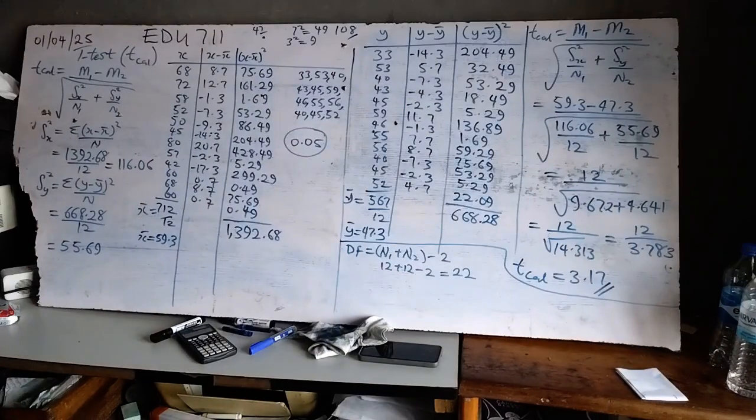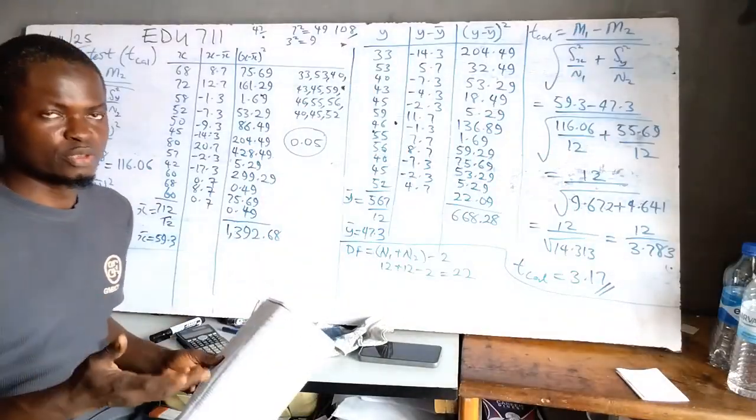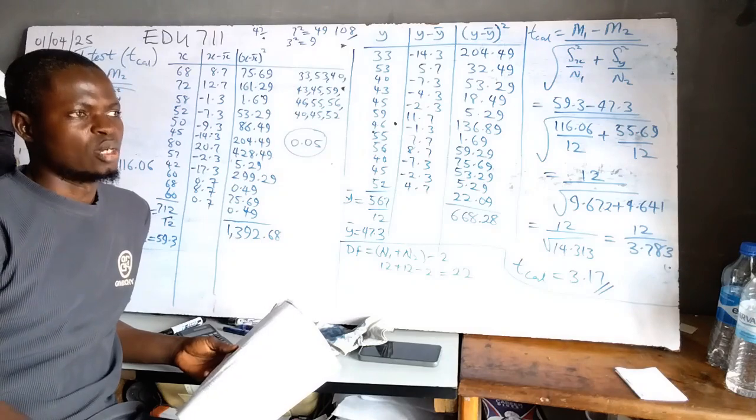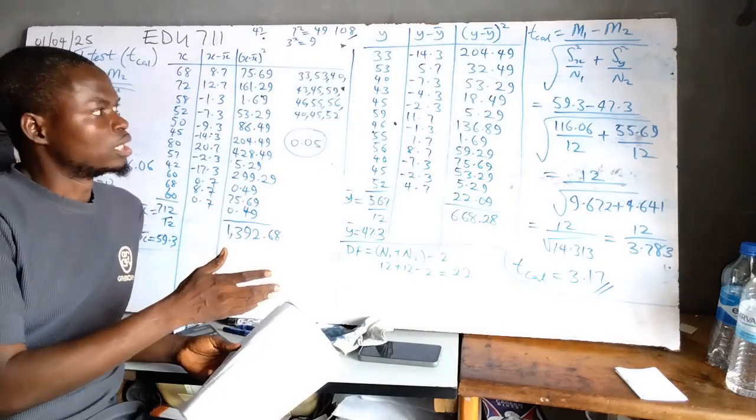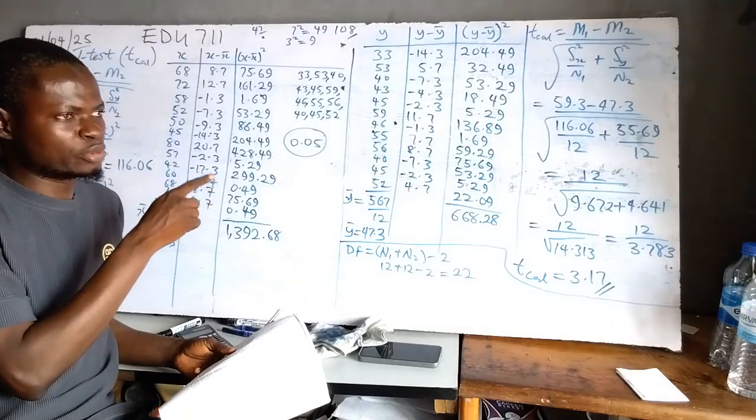Let me quickly explain that. One directional, which is one tail, is when you have a direct question or direct hypothesis, when your test is direct. For example, we are looking at the difference between public and private schools on the scholastic aptitude test.